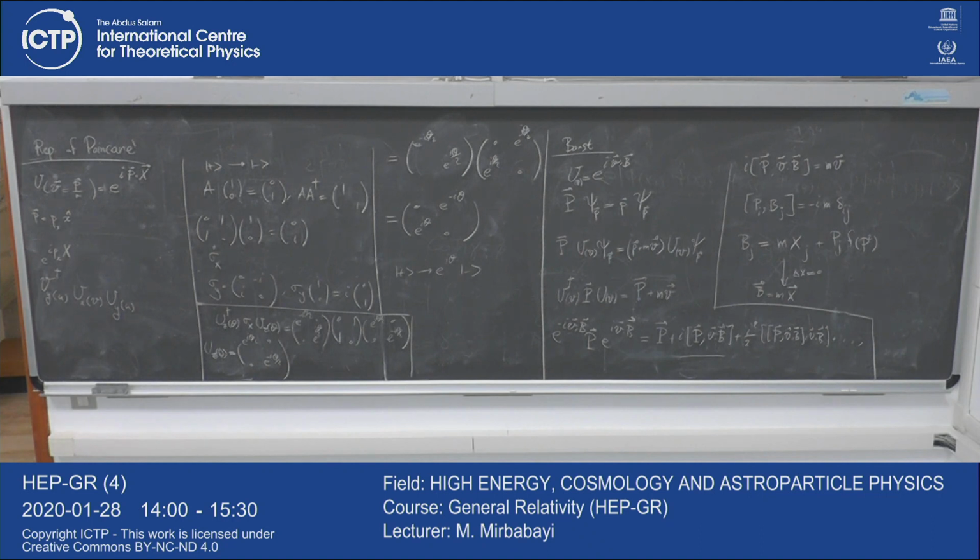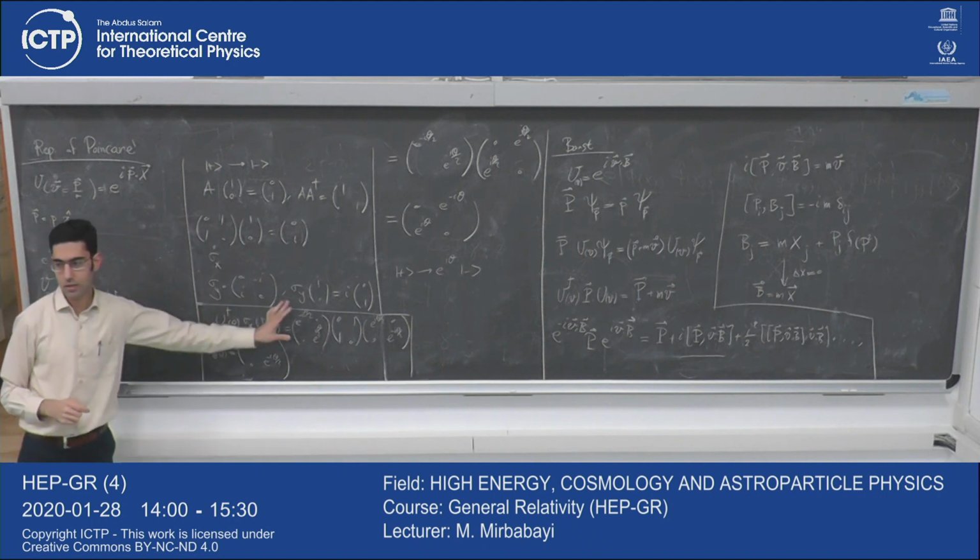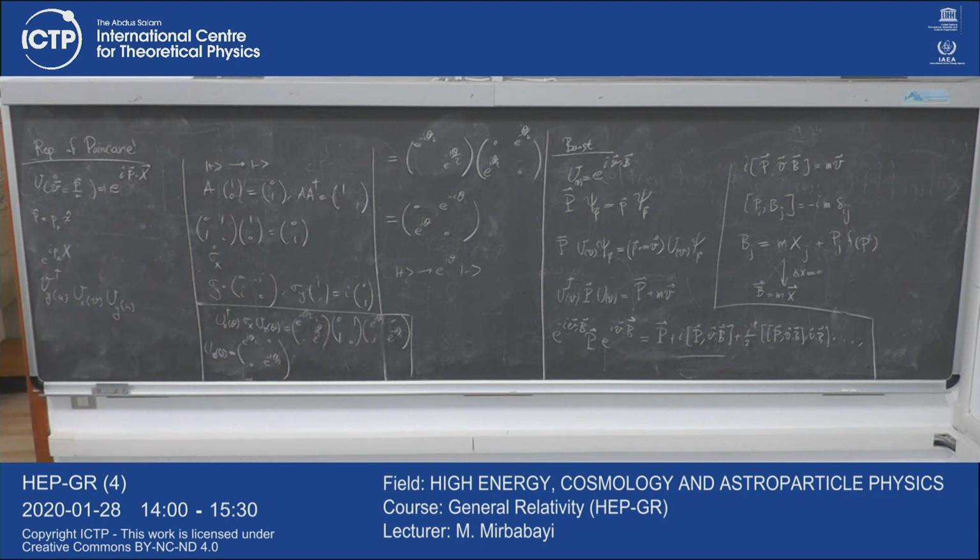Right, so let's try to do an analogous thing. However, what happens is that since these boost operators in the non-relativistic theory commute with each other, we find that there is just x and y.